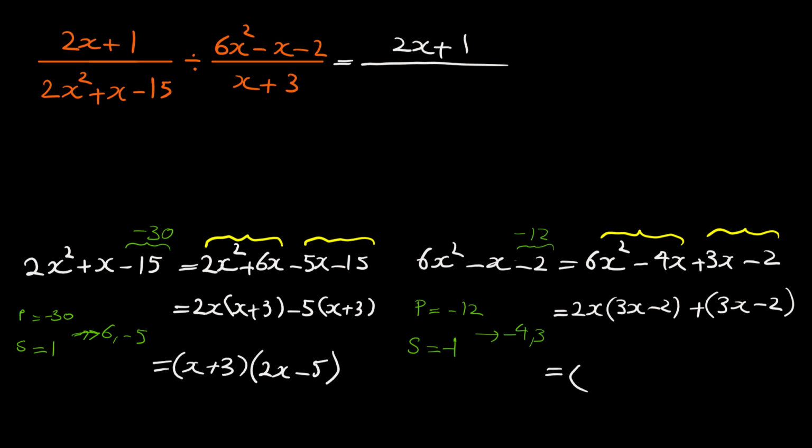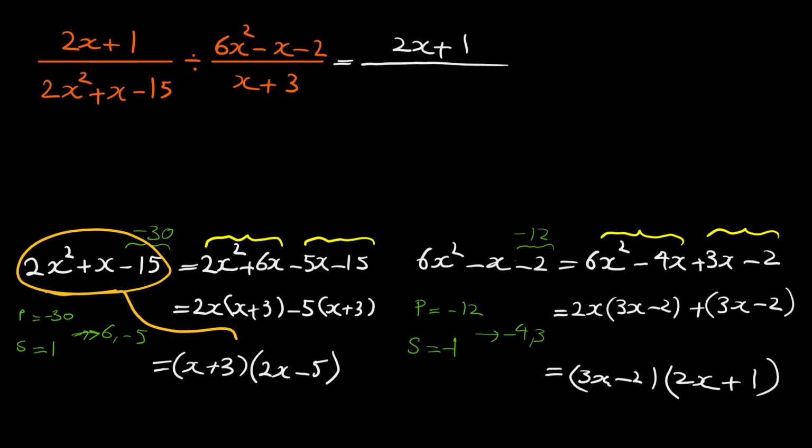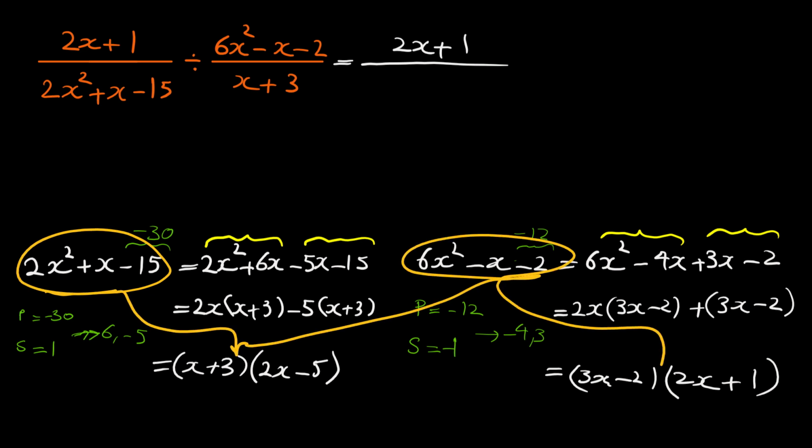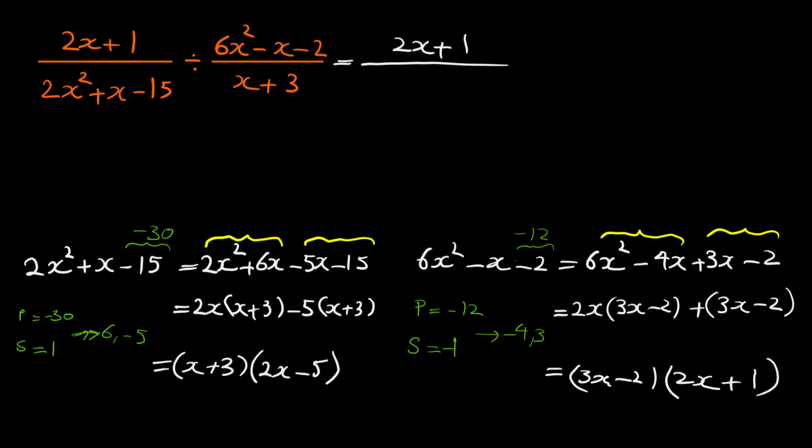For this one, we have 3x minus 2 as the common factor times 2x plus 1, here we have a 1, you can call it plus 1. And as you can see, these trinomials are now factored. So the process is exactly the same.